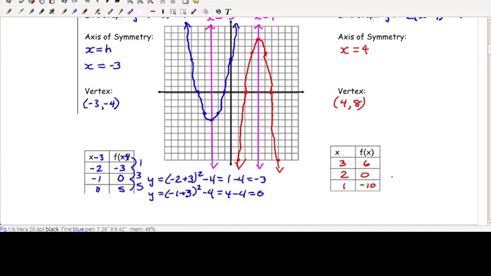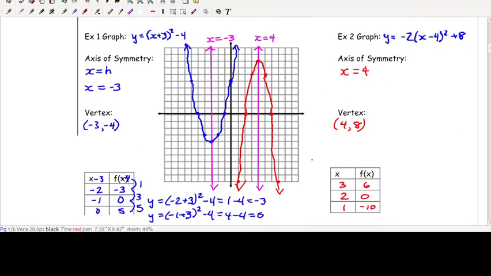But our second example doesn't quite follow that nice 1, 3, 5 rule, because we have an a value, if you remember, of negative 2. So let's see what happens in that case. So I got my vertex at 4, 8. So from there, from 8 to 6 is 2. From 6 to 0 is 6. From 0 to negative 10, distance of 10. Look at that, it's almost like 1, 3, 5, except everything is doubled.